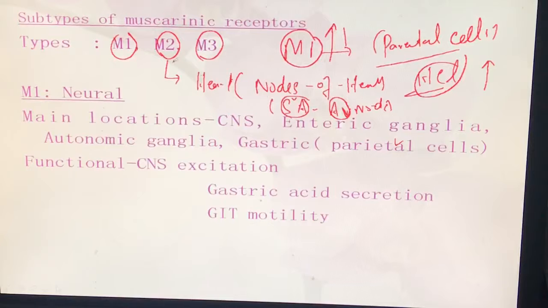The M2 receptor is inhibitory in nature, linked with the Gi protein. It can hyperpolarize the SA node and the AV node. So that's why the parasympathetic system, by using the M2 receptor, can decrease your heart rate easily. The M1 receptor is present over the stomach.